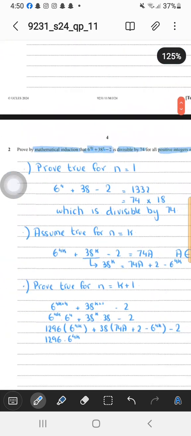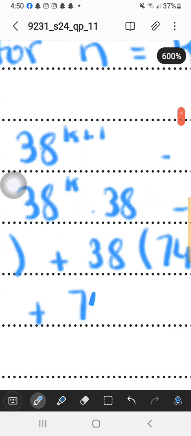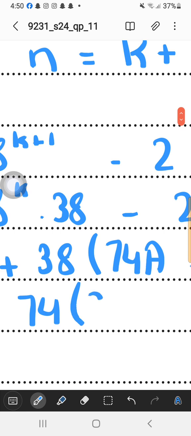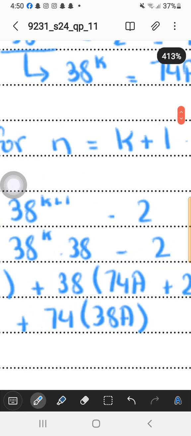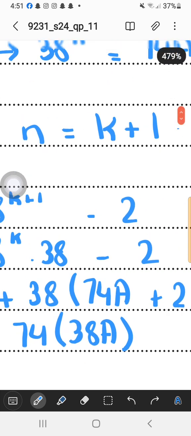Then we have to prove that it is divisible by 74. If I write 74 multiplied by 38a, it is the same.